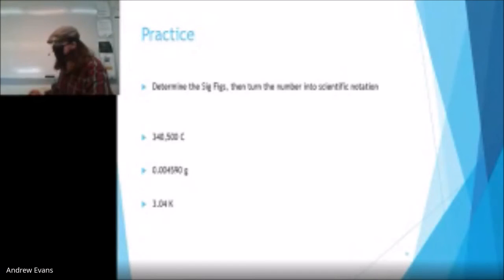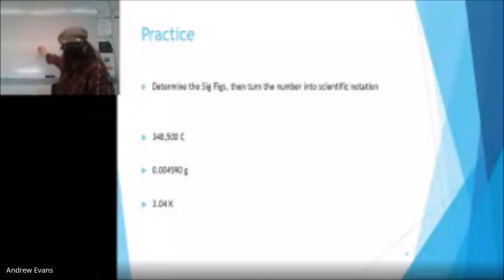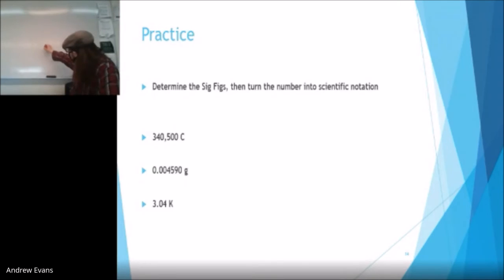Looking at the next number, 0.00459. There is a decimal. So in this case, we take the first non-zero and count right. So how many sig figs do we have?